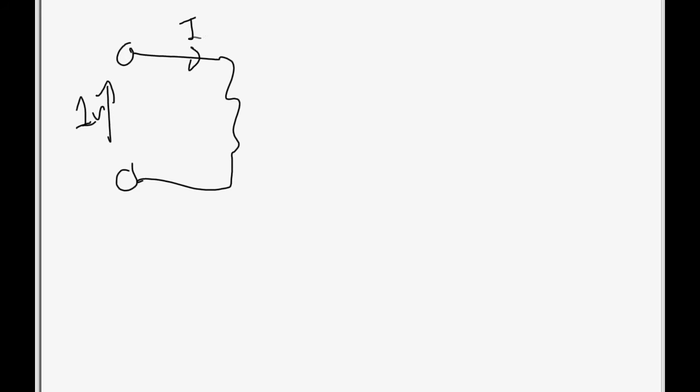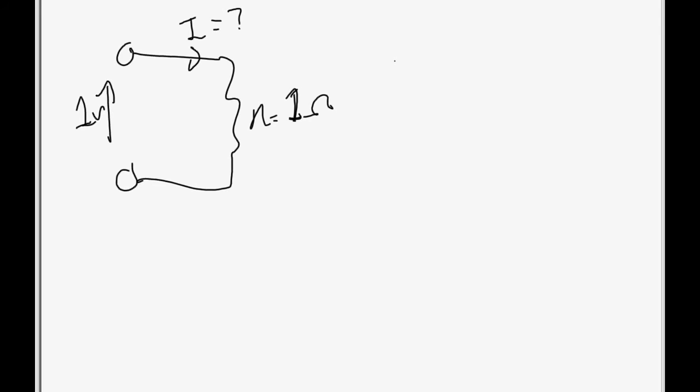Let's apply that to our circuit. Here's our circuit then. We've got our voltage source of 1 volt, that's our wire. The current is a question mark, we don't know what the current is, and our resistance is 1 ohm. Well, what's our current?